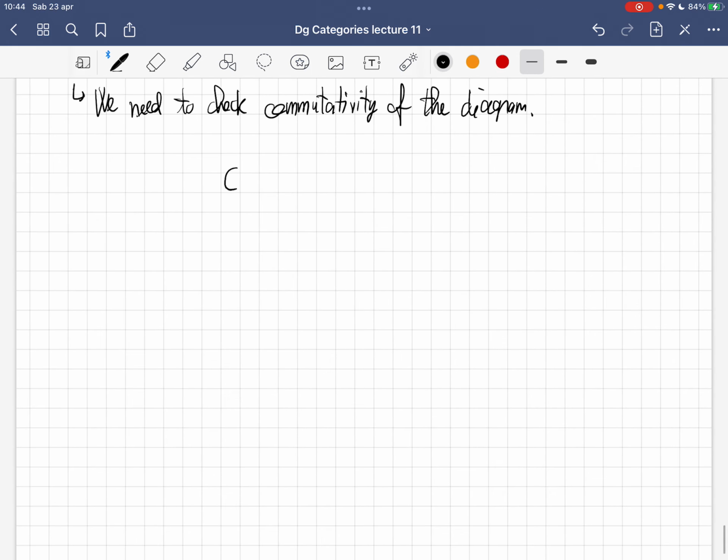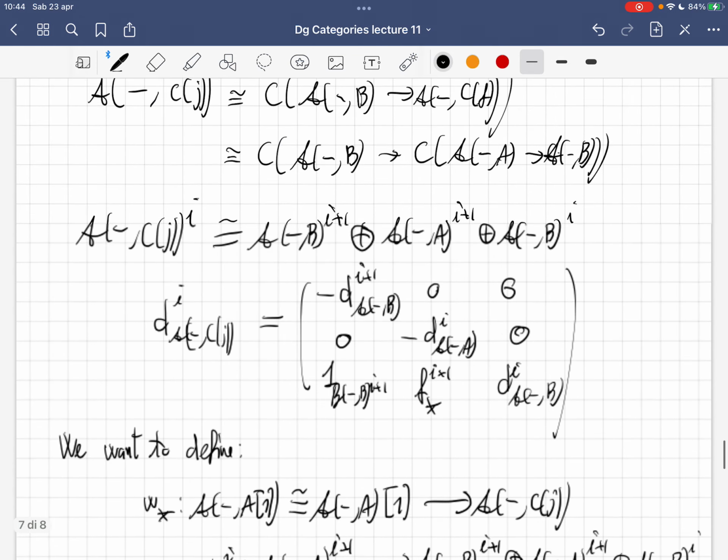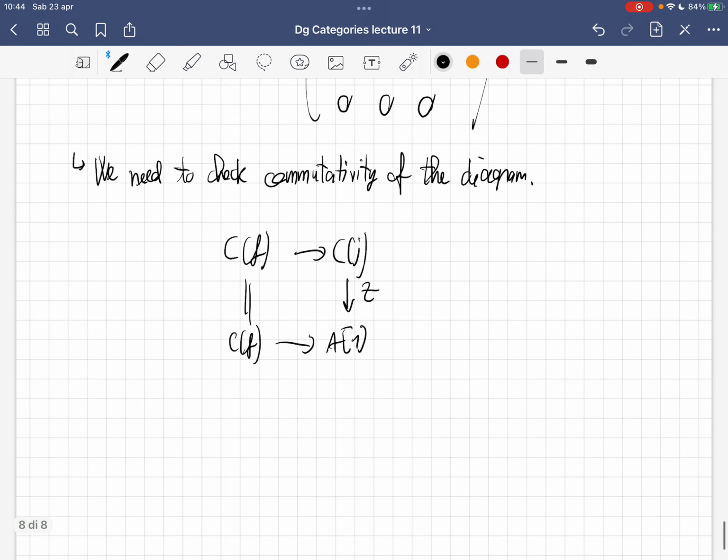So if you do this, and you put the Z morphism, then by definition, what is that? Sorry, P, yes, P. And with that, you have strict commutativity. So this is really equal to this.